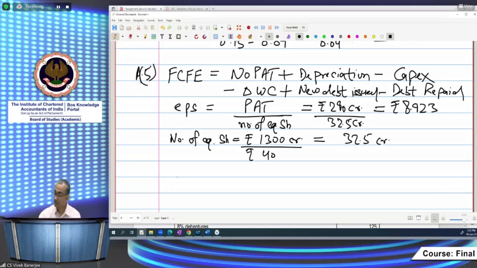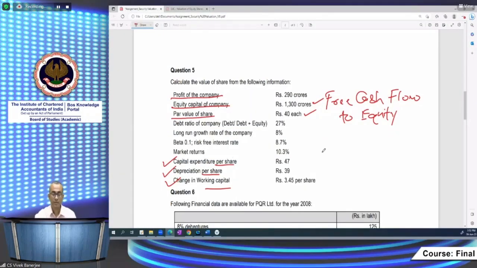Before proceeding, another aspect which should be taken care of while solving this question is that, see, the debt equity ratio of the company, which is 27%. So debt upon debt plus equity, that is debt portion is 27%.